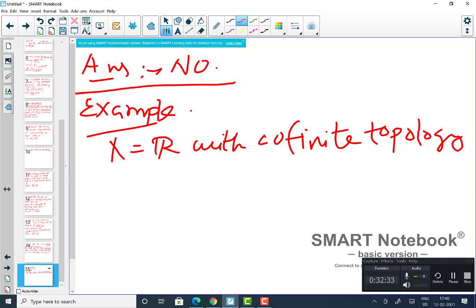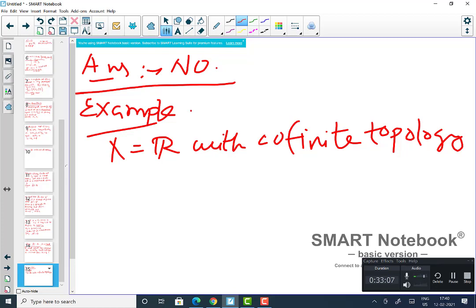So that means X itself is open, since the complement of X is phi, which is finite, and all the open sets have finite complement. So what does that mean? That means closed sets are all finite sets. Okay, closed sets are all finite sets. Open sets are those sets whose complements are finite, and those complements are the only closed sets, right?